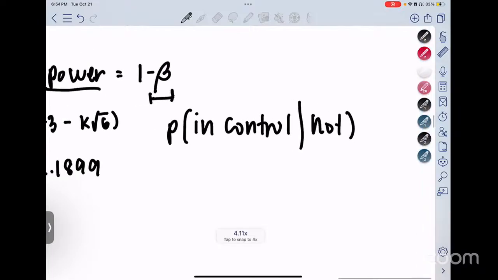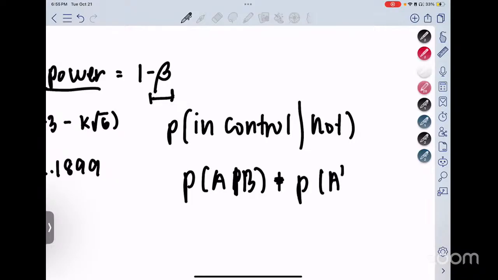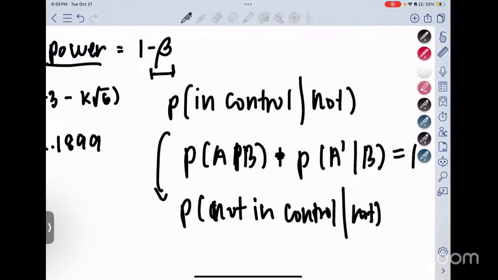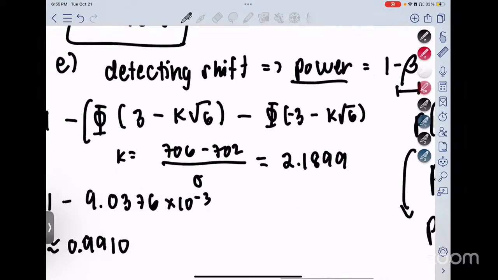By TPR, the probability that something is detected in control, P(A given B) plus P(not A given B) is equal to 1. Therefore, if you include the probability of detecting not in control, given that it is not in control, these add up to 1. Kaya siya 1 minus beta.